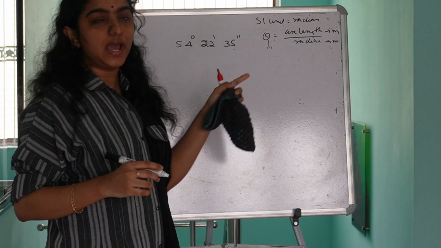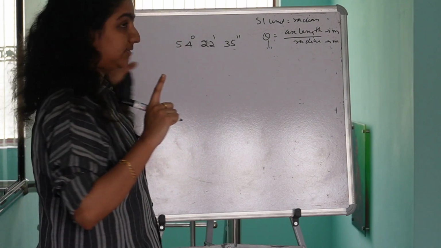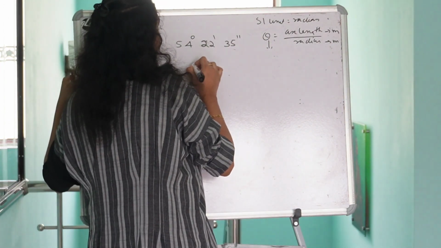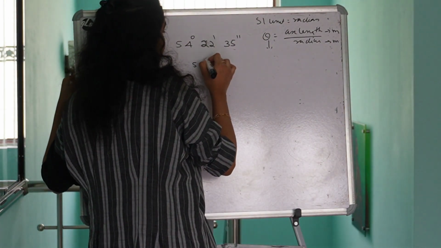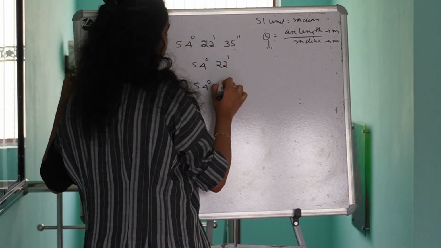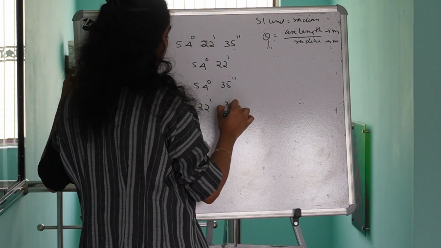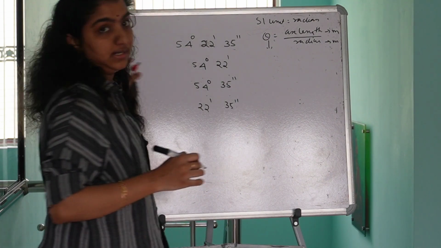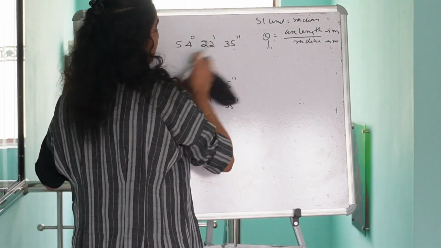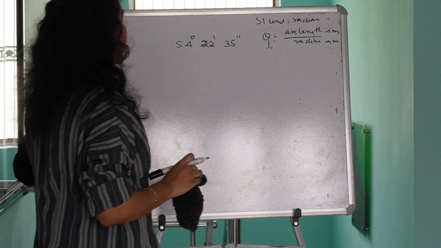If the angular measurement is given in these 3 units or in any 2 of the units, for example 54 degrees 22 minutes, or 54 degrees 35 seconds, or 22 minutes 35 seconds, then you can follow 2 methods to convert these angular measurements into radians.